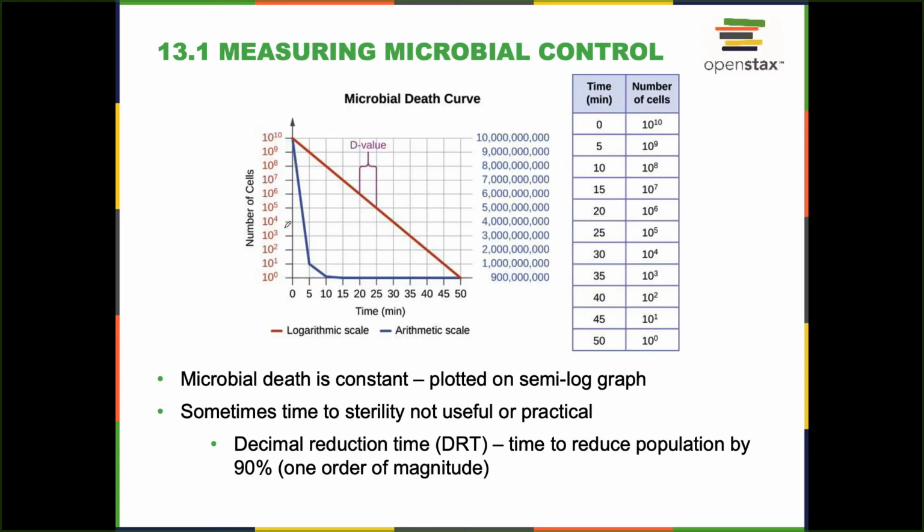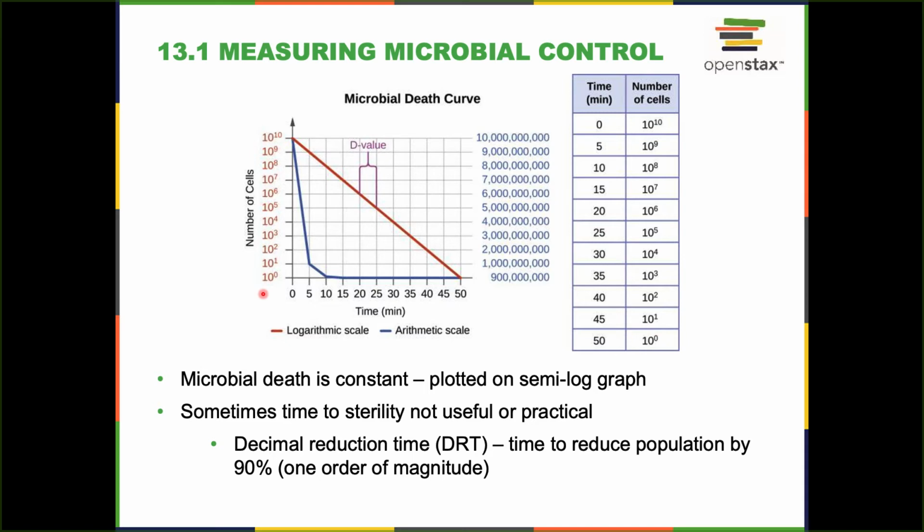And so when we measure microbial control, we can see that just like growth, microbial death is constant. So microbes are going to be removed at a constant rate. As such, we're going to plot this on a semi-log graph like we talked about. Super quick review: we have our linear scale time on the x-axis and then our logarithmic scale on our y-axis.